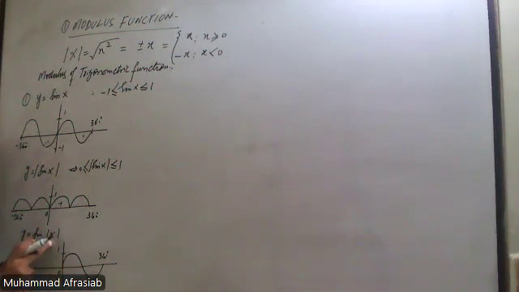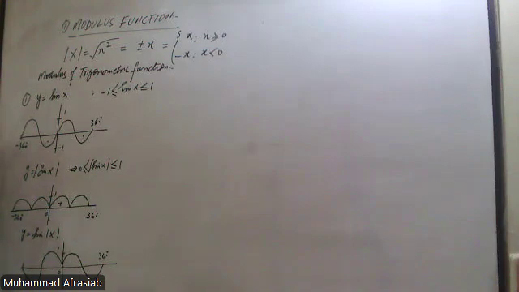But for the negative values of x, it is becoming positive now. So the behavior of this graph on the right-hand side will be the same on the left-hand side, because it is the modulus of x only.